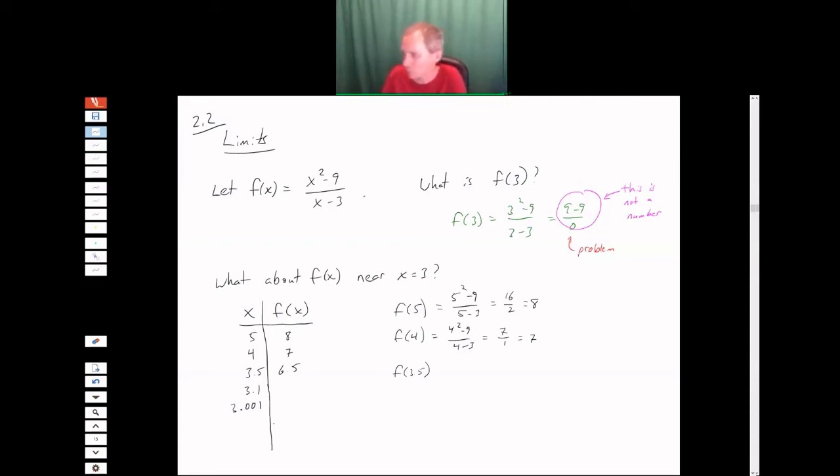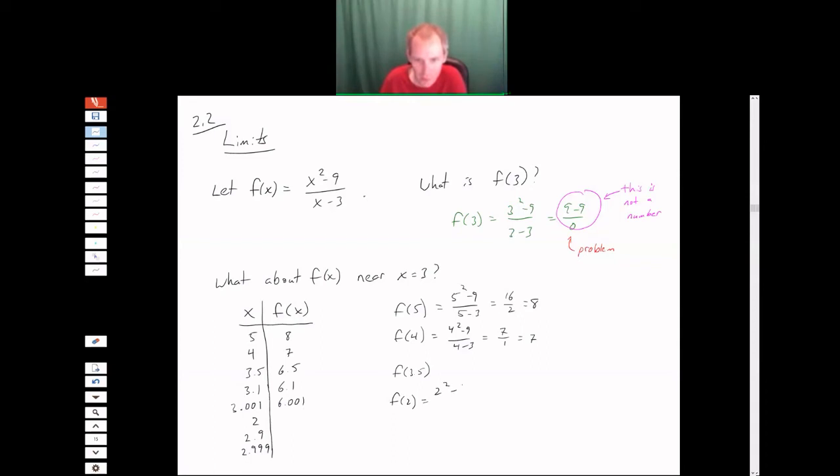And maybe while a couple of you are computing that, we'll try from the other side. What happens if I start smaller than 3, right? Like 2, 2.9, 2.999. I think I'll get 6.1, 6.001.